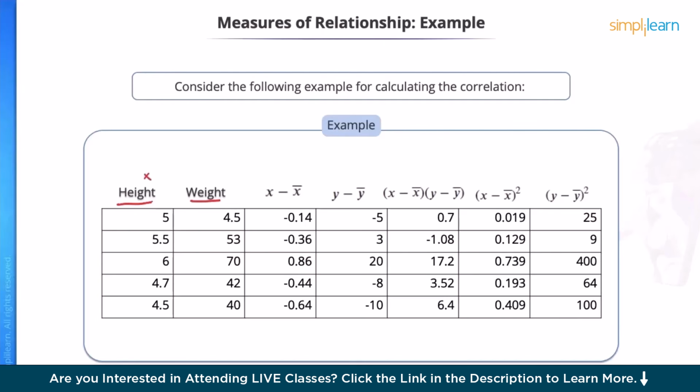Here height is the x variable and weight is the y variable. First, to compute covariance, we compute the x minus x bar and y minus y bar values, and then the product of them. We then compute the (x minus x bar) square and (y minus y bar) square values to compute the standard deviations of height and weight respectively.